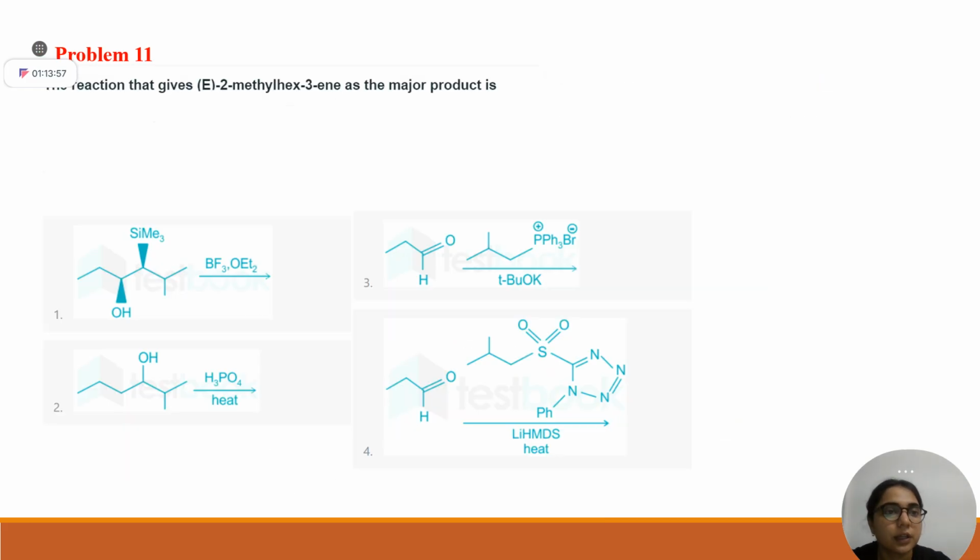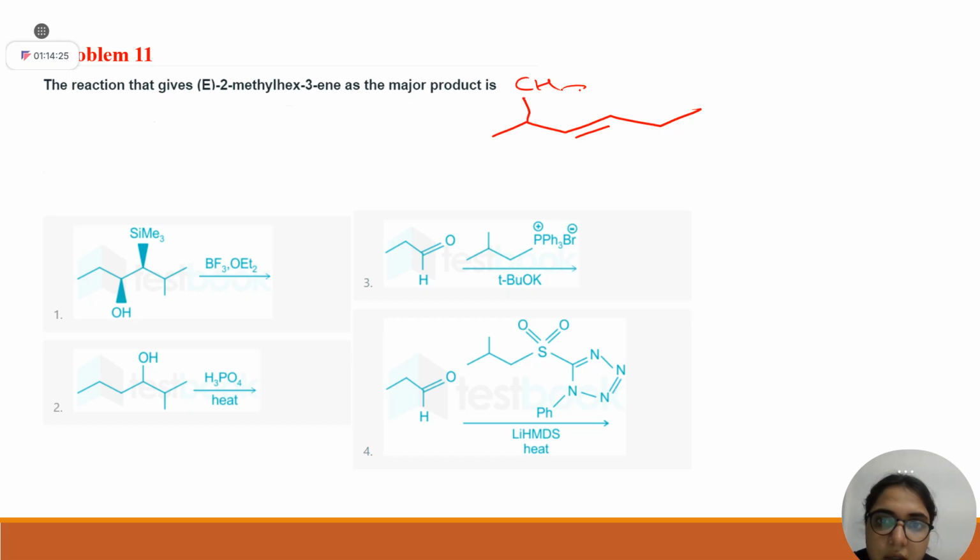Okay, so problem number 11 is asking for the reaction that gives 2-methylhex-3-ene. Let me write the product. Hex-3-ene: 1, 2, 3, 4, 5, 6. 2-methyl. Am I correct here, students?